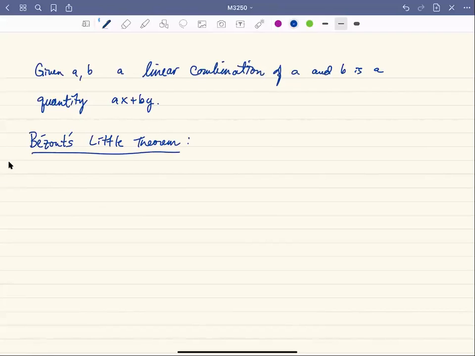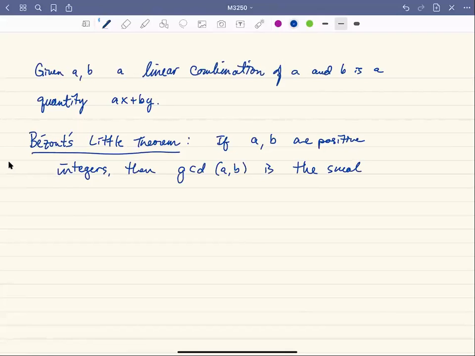And what it says is that if A and B are positive integers, then the greatest common divisor of A and B is the smallest positive integer, the least positive integer that can be written as a linear combination of A and B.